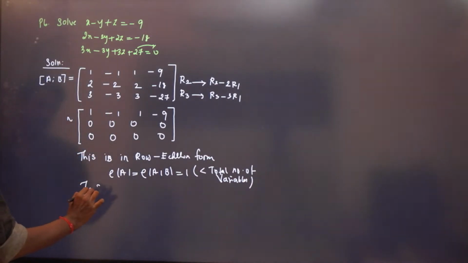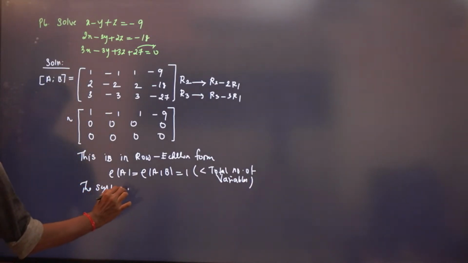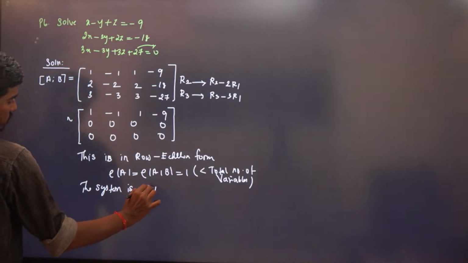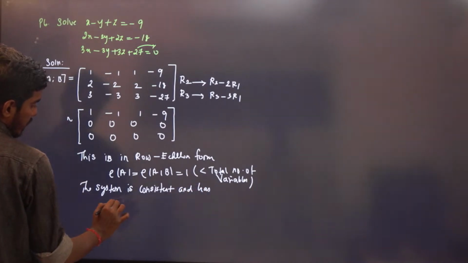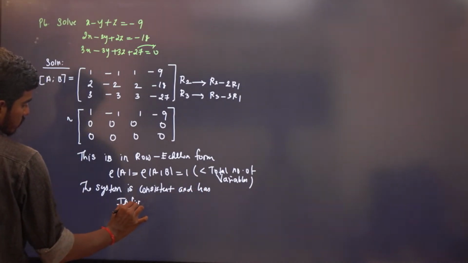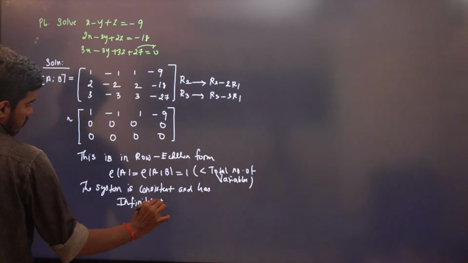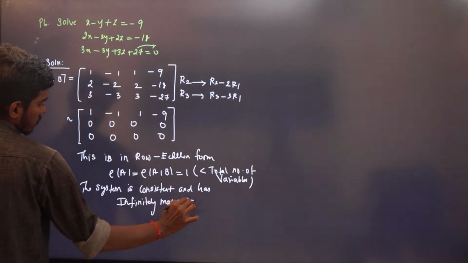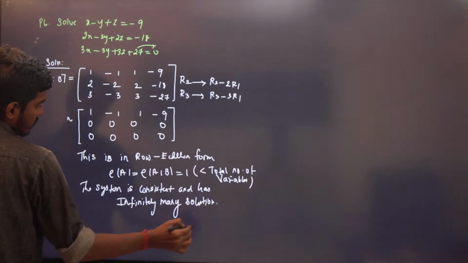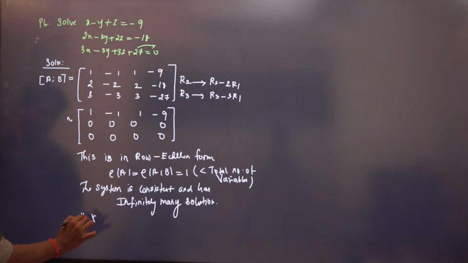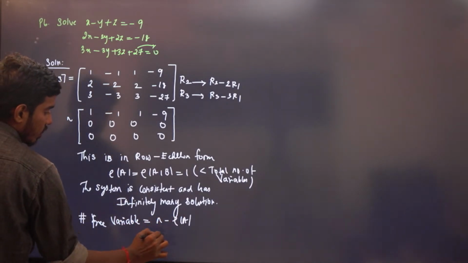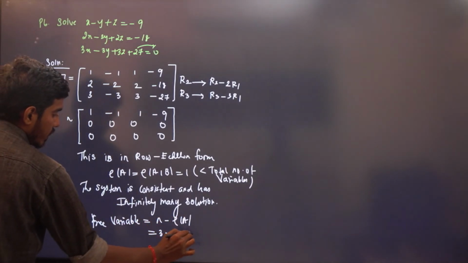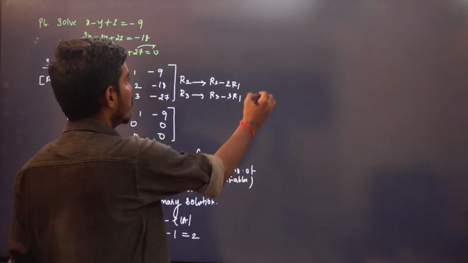That means the system is consistent and has infinitely many solutions. Number of free variables is equal to n minus rank of A, total number of variables minus rank. So we have two free variables.